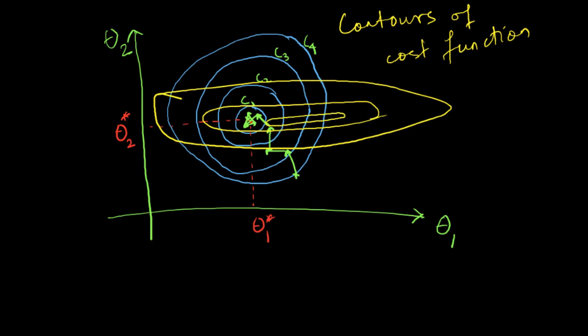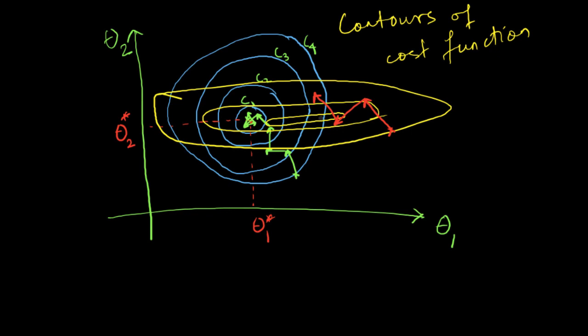Now this is a serious problem because let's say you started from a point over here, you may now jump over here, and then you may jump over here, then you may jump over here. If you take your learning rate to be very small, the convergence will become very slow.